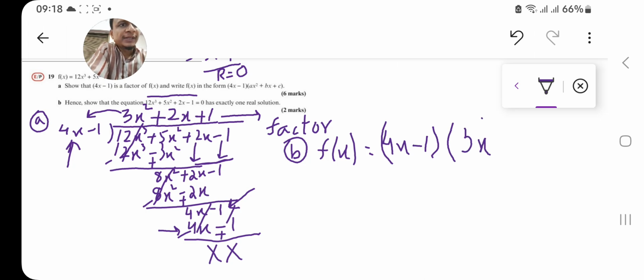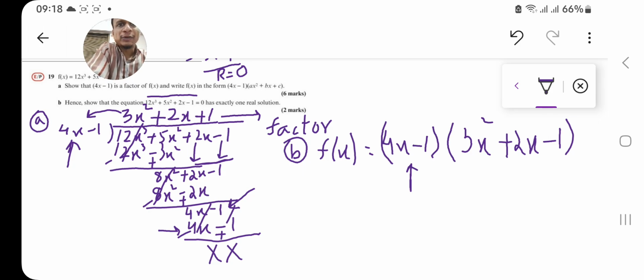So this is 3x square plus 2x minus 1. For exactly one real solution, if 4x minus 1 equals 0, it can provide us the solution.